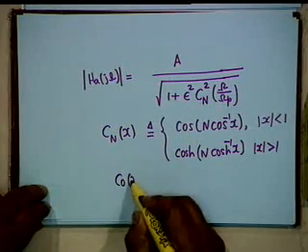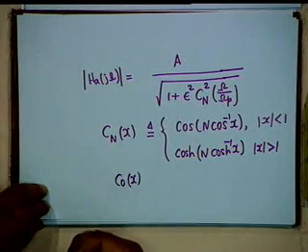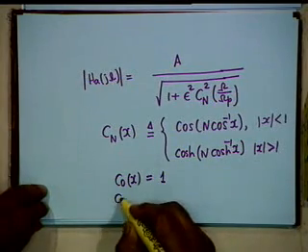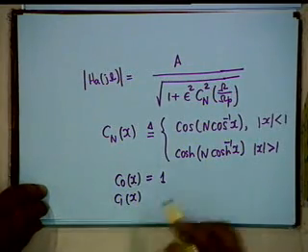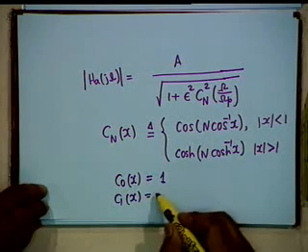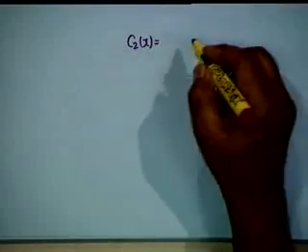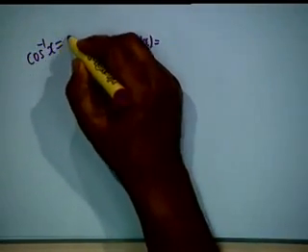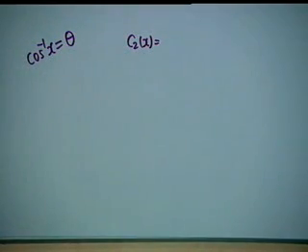Notice that C0 of x, if capital N is put equal to 0, is simply equal to 1. Agreed? C1 of x, cosine of cosine inverse x, obviously is equal to x. C2 of x shall be equal to, now in order to find this out, let us put cosine inverse x equal to theta.